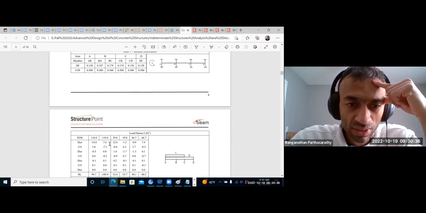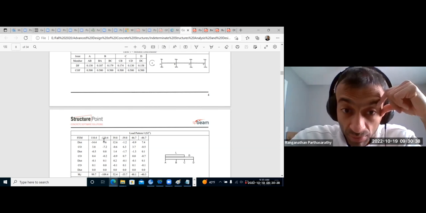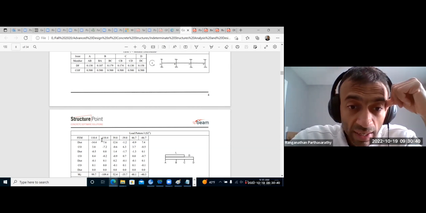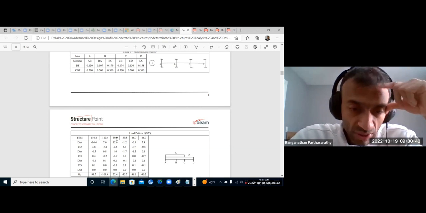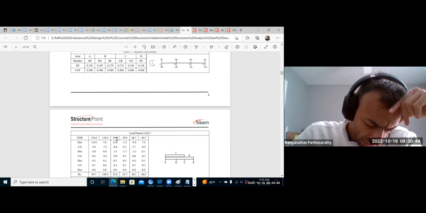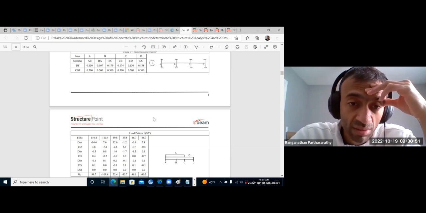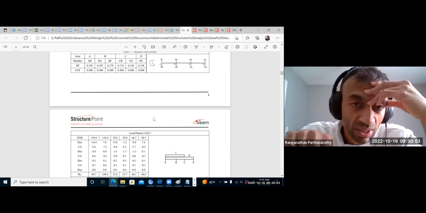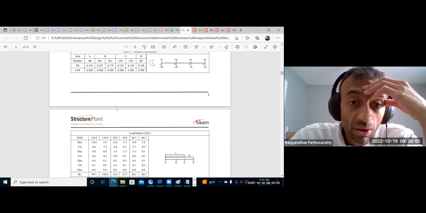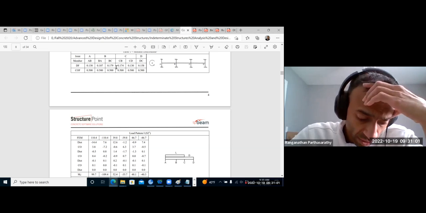So what is the distribution here? You have negative 110.4, positive 39.8, negative 70.6. That means you need to apply positive 70.6. Out of that, 0.107 will go here, 0.179 will go here.